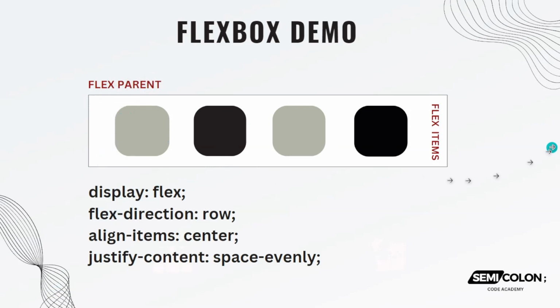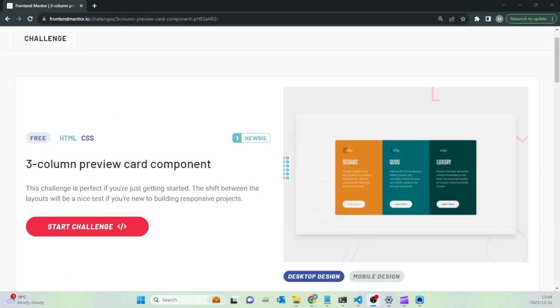Pretty simple, pretty easy. I'm itching to get into the challenge, so let's dive into the overview of the challenge. Right, so ladies and gents, diving straight into Frontend Mentor. This is the challenge that we're going to take on. 3-column preview card component.